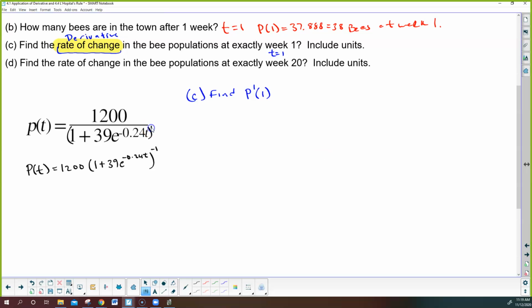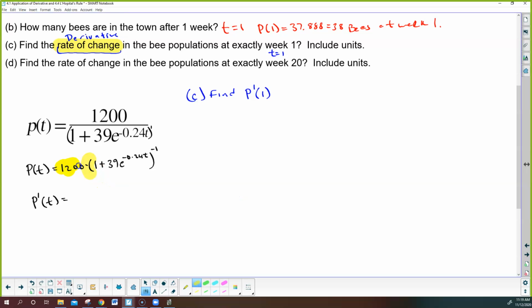And then that just means this is going to be a -1. So I can actually avoid the quotient rule and do a chain rule. This is only possible because of the constant up top. If this had a t value here, then I could rewrite it and I'd have to do the product rule. But since it's a constant, that 1200 is just a multiplier. So I can just do the chain rule now to find this derivative.